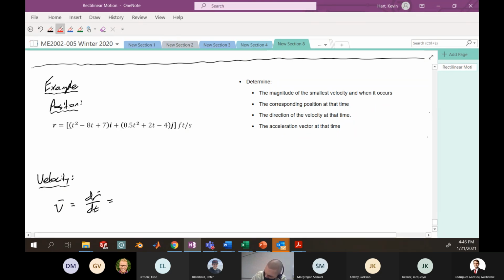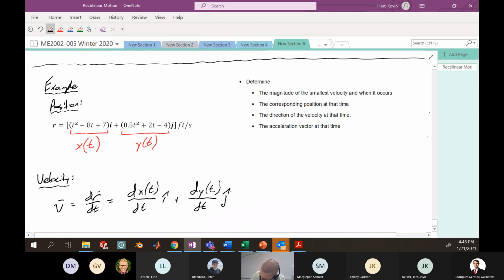So if we go back up here and think about this portion as the x position as a function of time, and this portion as the y coordinate as a function of time, that lets us write this more clearly: dx(t)/dt i hat plus dy(t)/dt j hat. Since we're only in 2 dimensions, I'm only going to utilize those 2 portions of the equation.